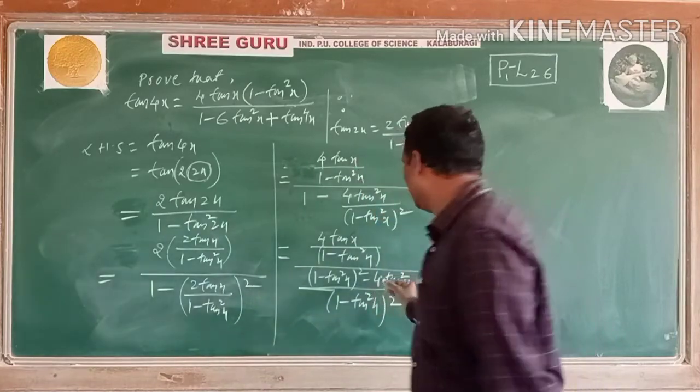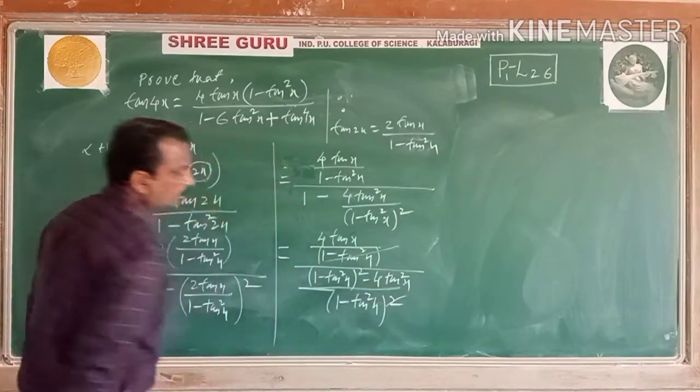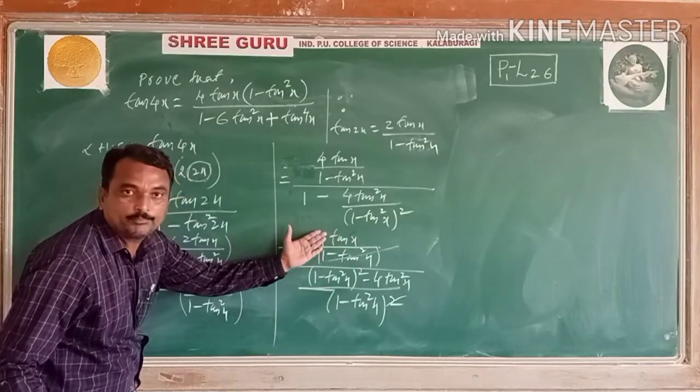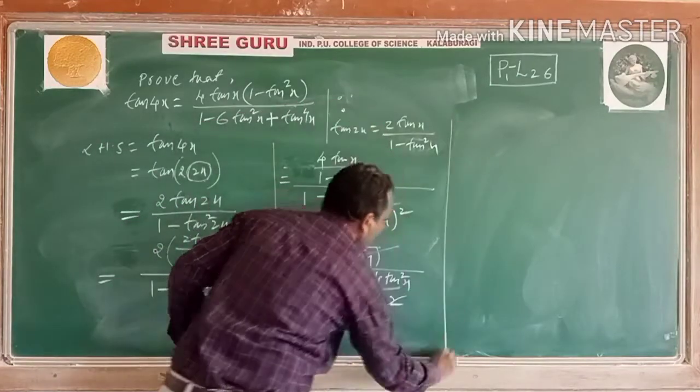One of the terms gets cancelled here, and the denominator of a denominator goes to the numerator.